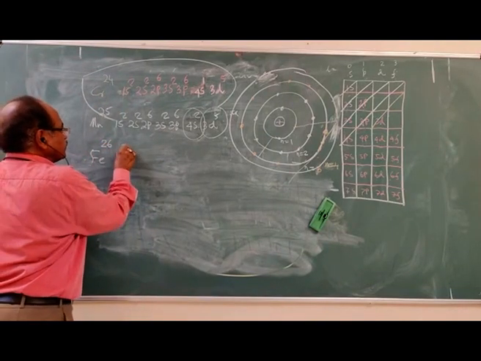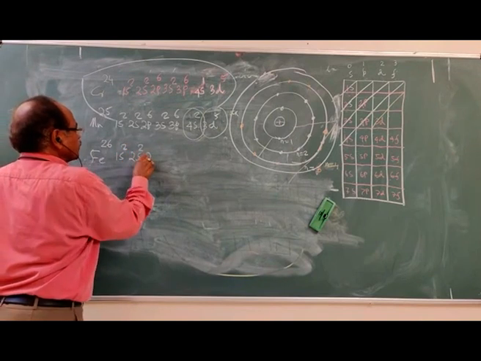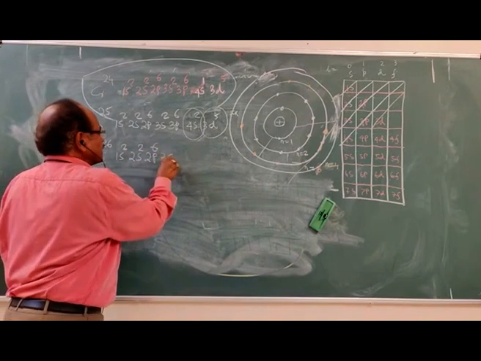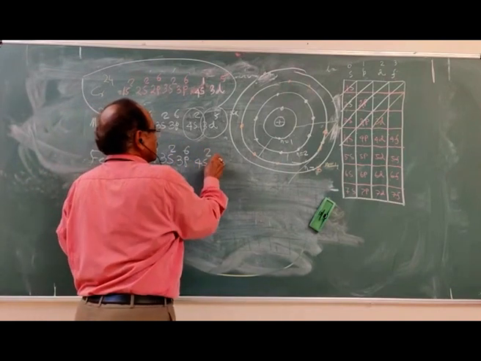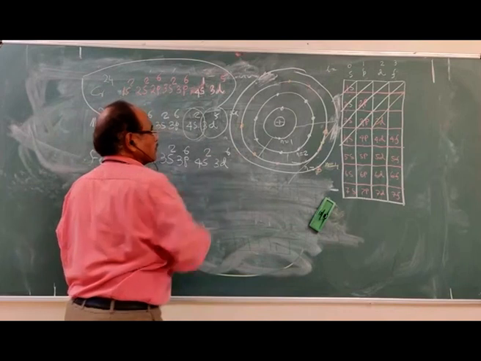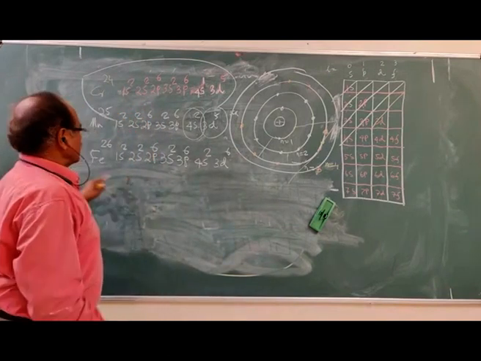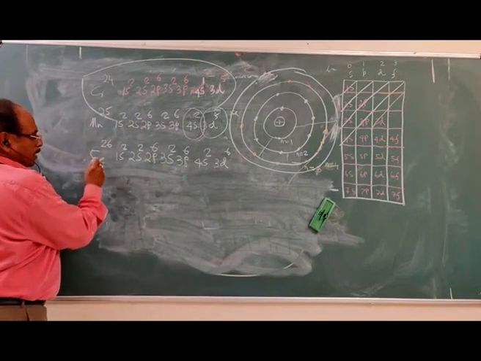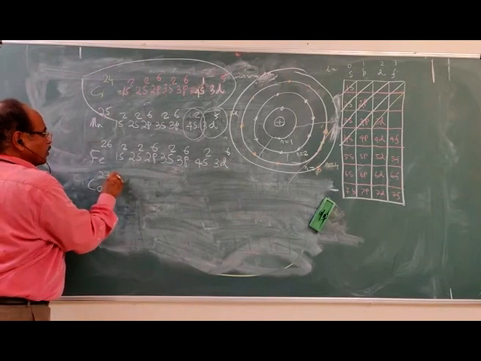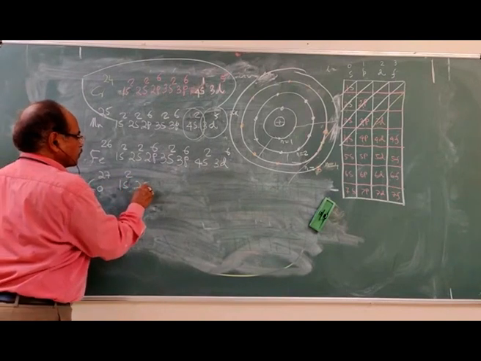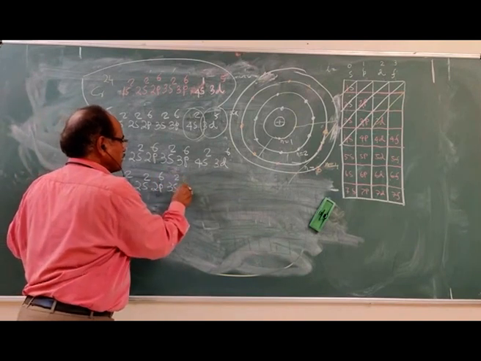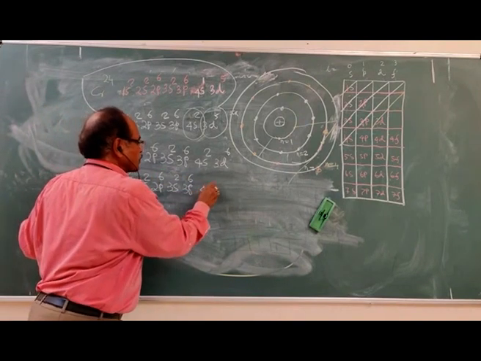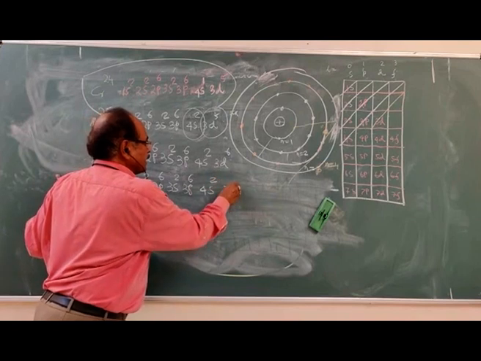Then comes iron, Fe 26. This is 1s2, 2s2, 2p6, 3s2, 3p6, 4s2, 3d6. Then cobalt 27, 1s2, 2s2, 2p6, 3s2, 3p6, 4s2, 3d7.